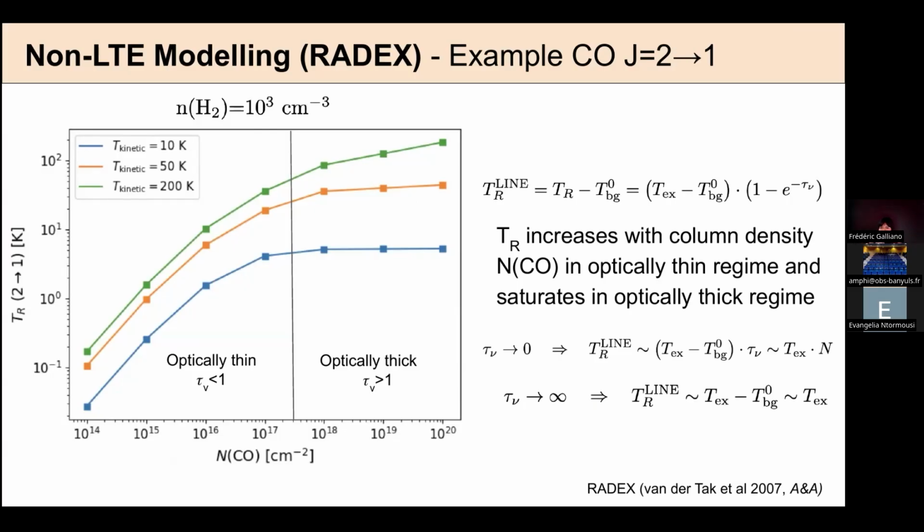However, in the optically thick regime, we see that the Rayleigh-Jeans temperature saturates. And this is because the photons in the medium are reabsorbed and not emitted. We also see that this temperature saturates at the value of T excitation, which is less than T kinetic, as you can see from the plot here. And this is because we are still in the non-LTE regime.